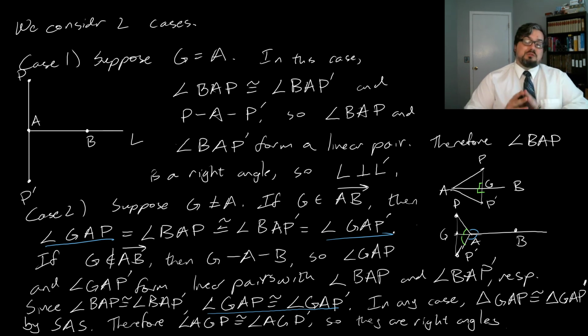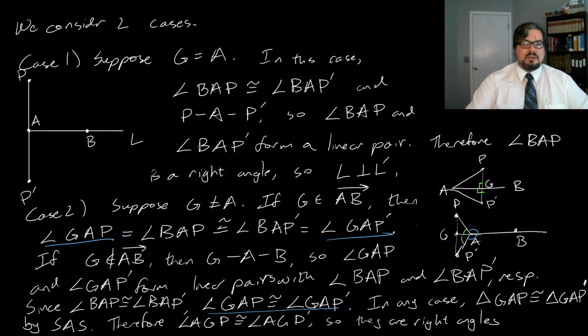Which finishes the proof, because then that shows that the line PP prime is perpendicular to the line L, and that at least gives the existence of it. And then uniqueness.